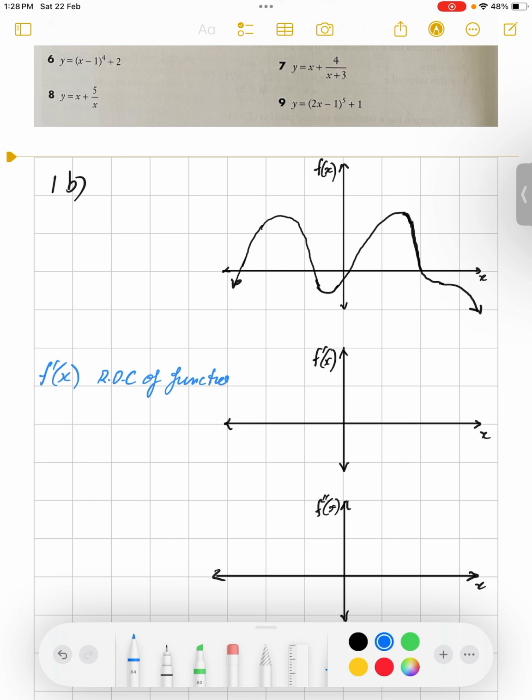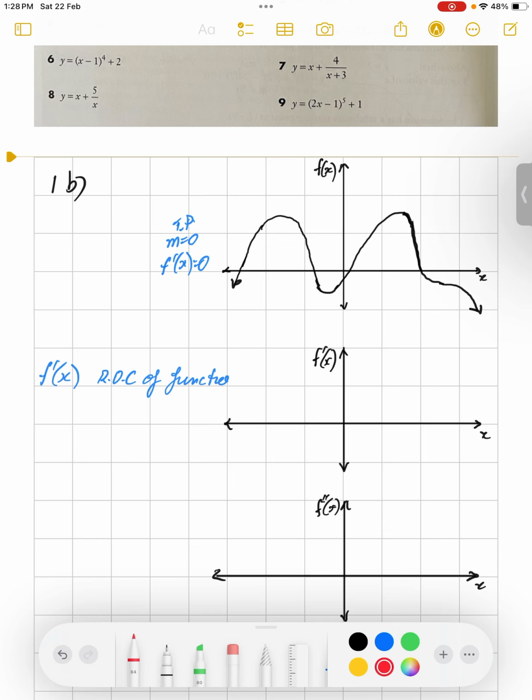So let's have a look at, first of all, where is the function? When the function has turning points and the rate of change is 0, the gradients are 0, that means the first derivative will be 0.